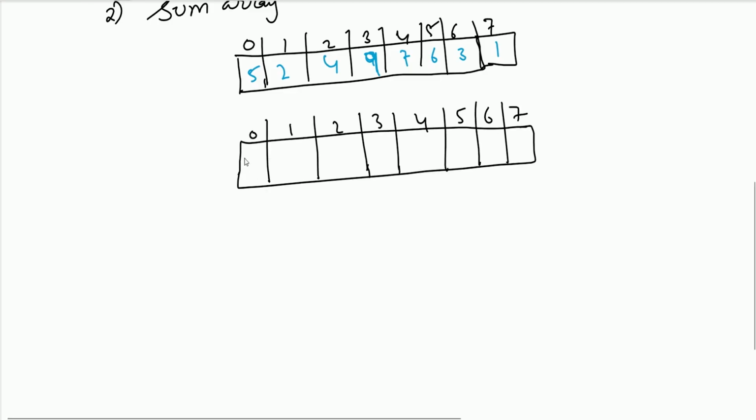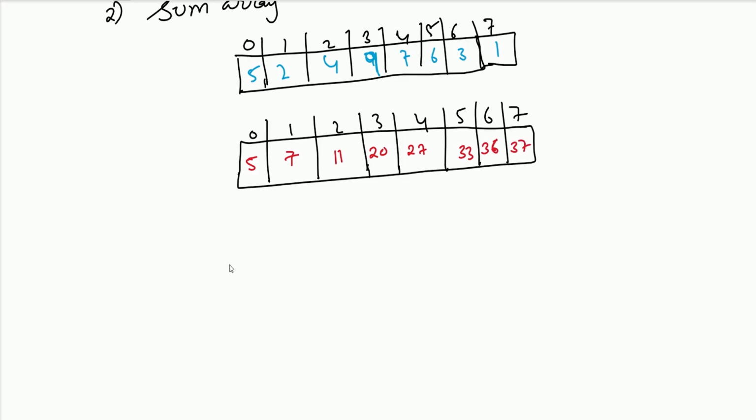At any index, it will contain the sum from the start up to that position. So this will contain 5, then 5 plus 2 which is 7, then 7 plus 4 which is 11, then 11 plus 9 is 20, 20 plus 7 is 27, plus 6 is 33, plus 3 is 36, plus 1 is 37.